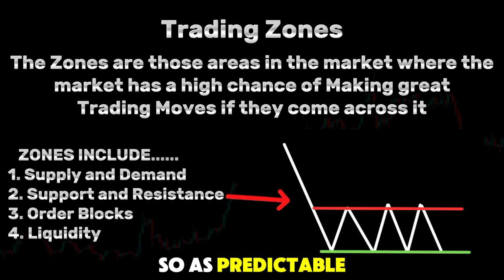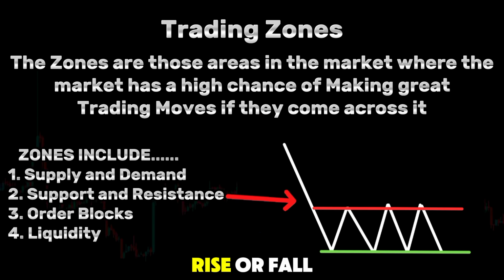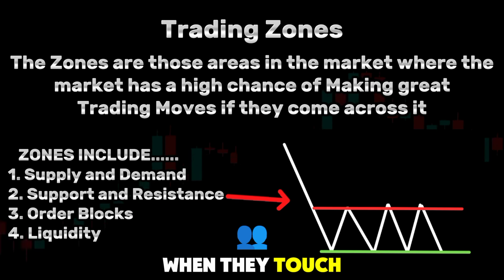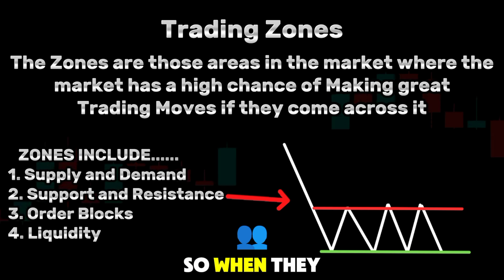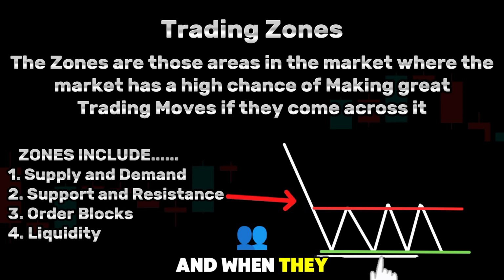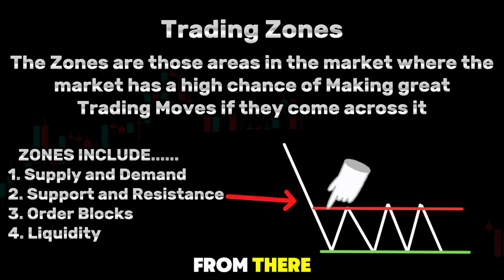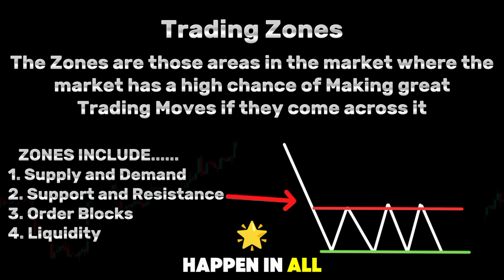So as predictable traders, we always expect the price to rise or fall massively when they touch any of these zones. When they touch the support zone, we expect the market to rise, and when they touch the resistance zones, we expect the market to fall from there, which may not happen in all cases.